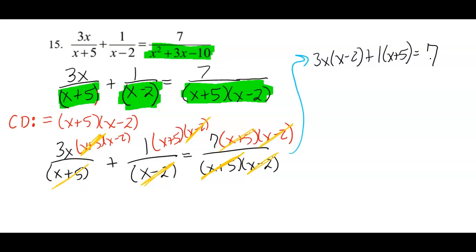Now I've got a regular equation, no fractions, so I just go ahead and continue. So just distribute to get rid of all the parentheses, multiply out. 3x squared minus 6x plus x plus 5x. Okay, wait. Let's look at that for just a second. 1, 1. Okay, x plus 5. Something didn't look quite right there, so that was almost a mistake, but I fixed it. And then 7.